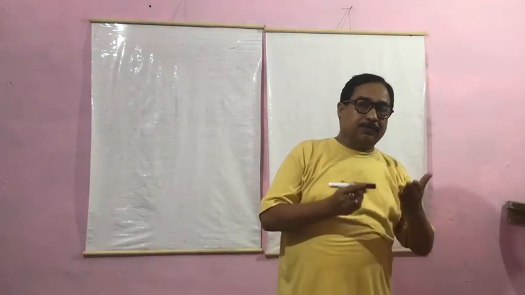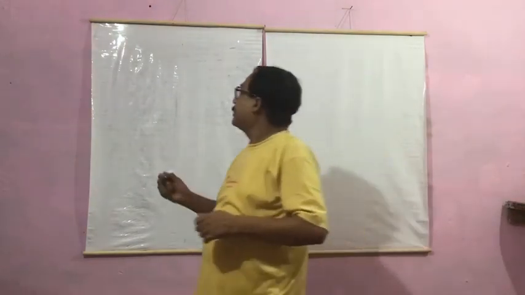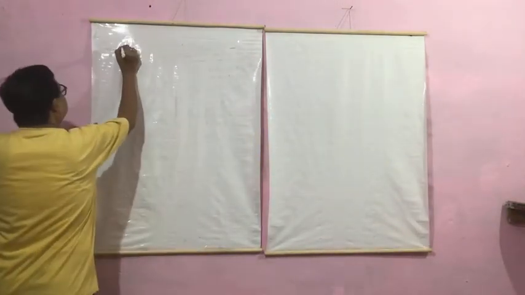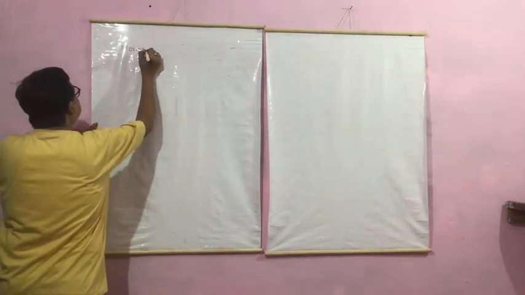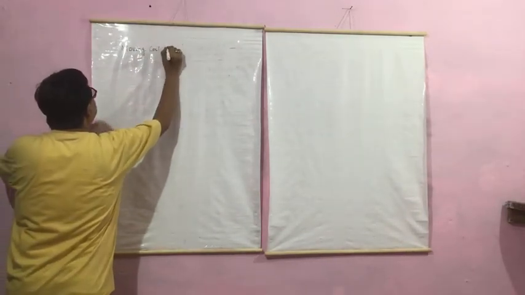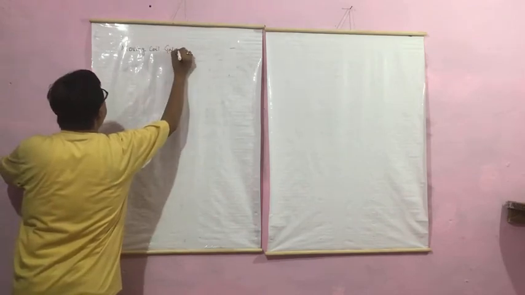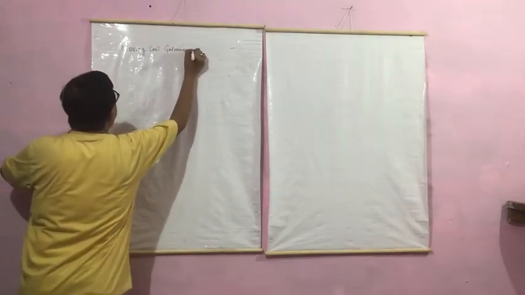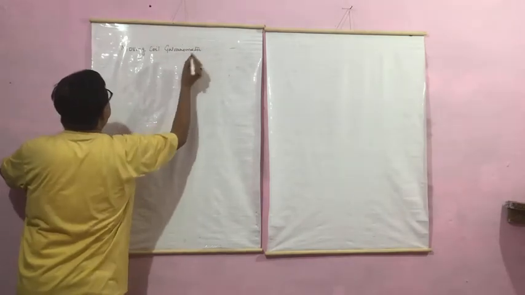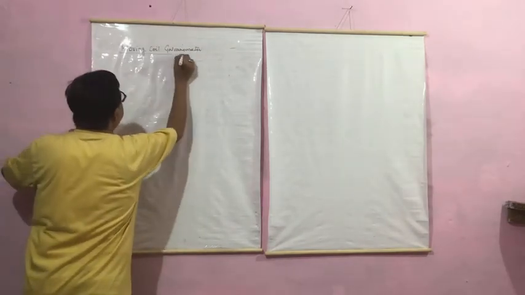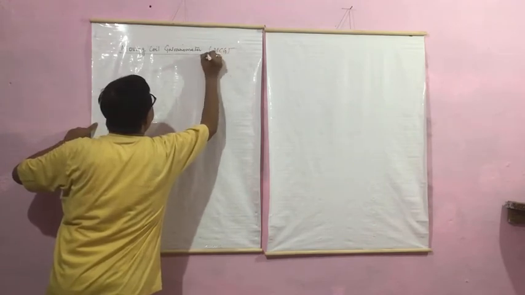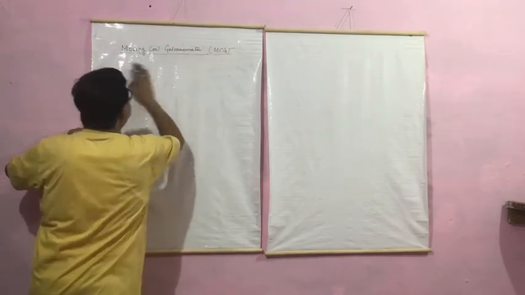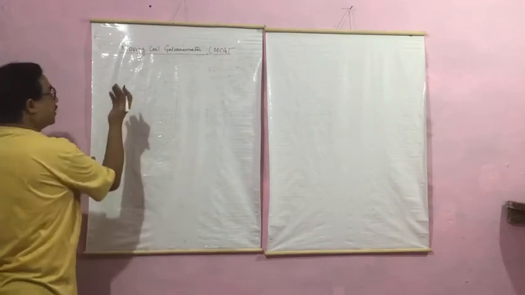Okay, so the topic is moving coil galvanometer. In short, we can write it as MCG. First, we have to write what is this.